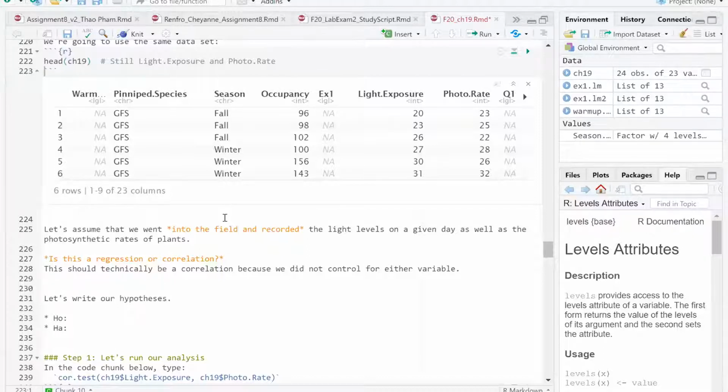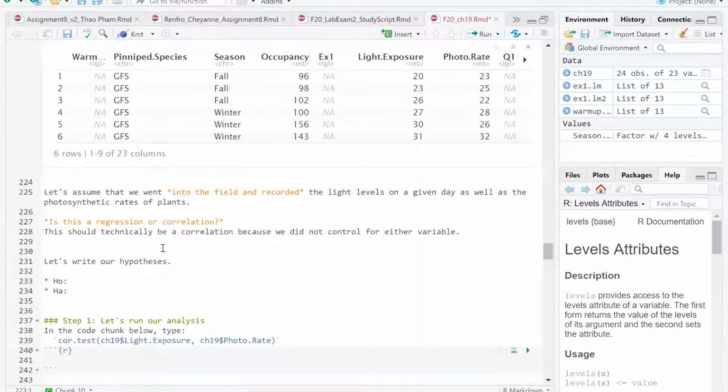So not an experiment in the lab. This means that this should be a correlation because we didn't control for either variable. So same data, different situation in which the data was collected, making it a different test.